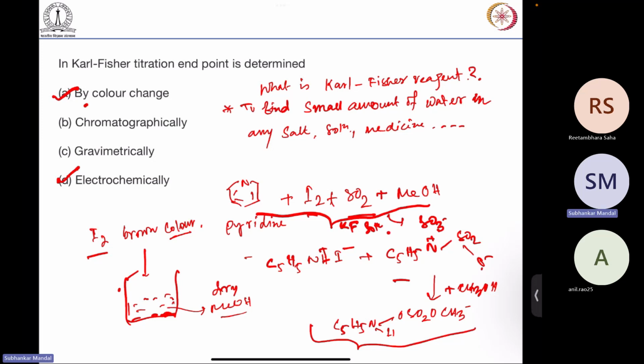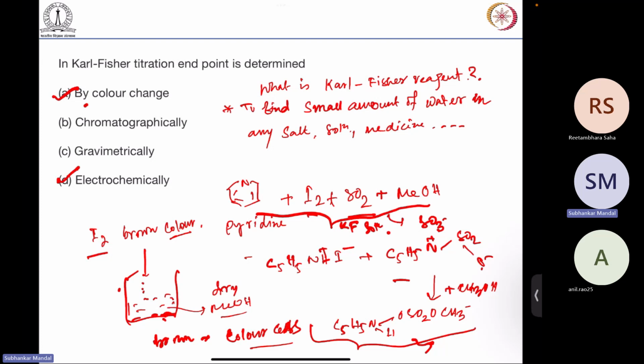They will add it dropwise. Initially it will be brown, and when it reacts and this complex forms, it will be colorless. Then they add it from the burette, so initially how much Karl Fisher reagent is there, and after adding, how much is consumed for the methanol solvent.